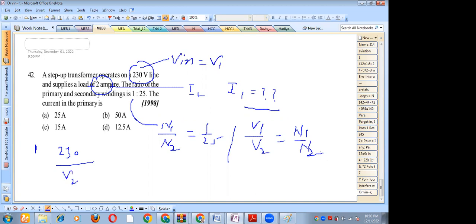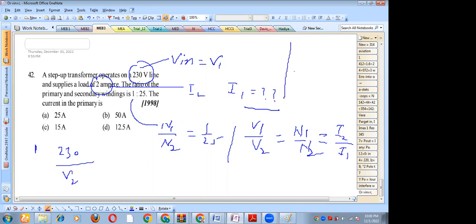So we can also do that. We don't need that, we can write the I1 I2 formula. So N1 by N2 is given, that is 1 by 25, and I2 is given as 2 ampere, and I1 we have to calculate. So from here I1 we will get as 50 ampere. Understood? So you have to be very careful which formula should be applied.